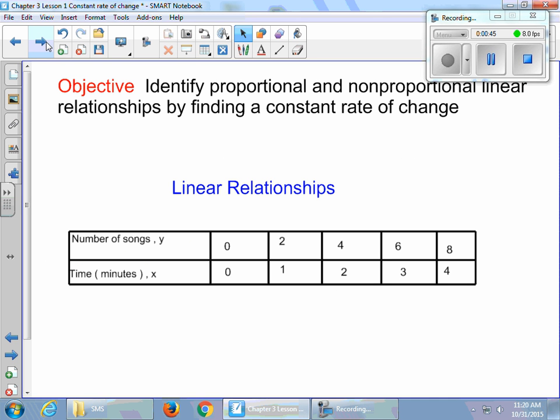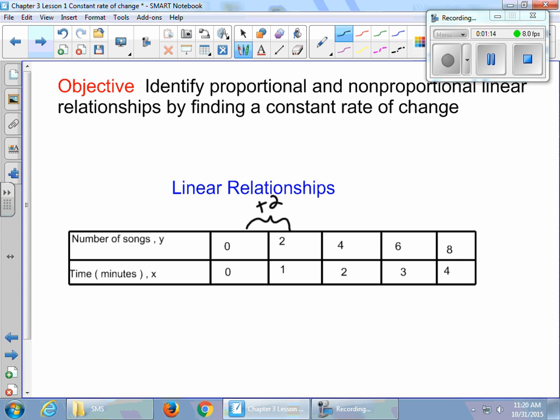Okay, we're going to look at linear relationships, as per your definition, constant rate of change. So let's take a look at number of songs and number of minutes. Looking at the number of songs, we go from 0 songs to 2, so our change is plus 2.